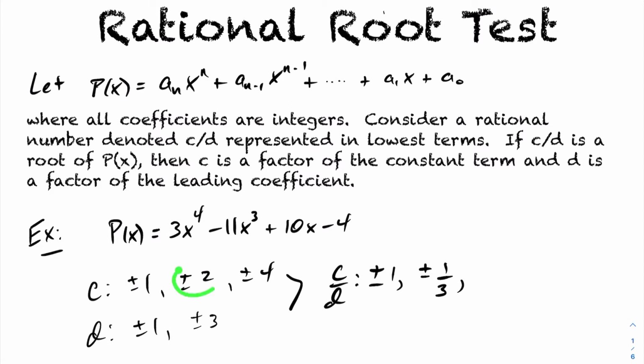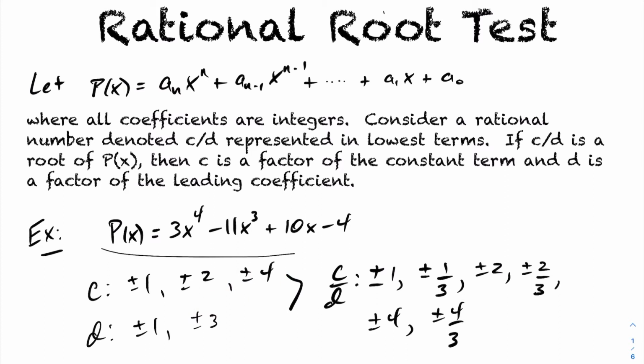And then plus or minus 2 divided by plus or minus 1 creates plus or minus 2. Then plus or minus 2 divided by plus or minus 3 creates plus or minus 2/3. And then lastly, plus or minus 4 divided by plus or minus 1 creates plus or minus 4, and plus or minus 4 divided by plus or minus 3 creates plus or minus 4/3.